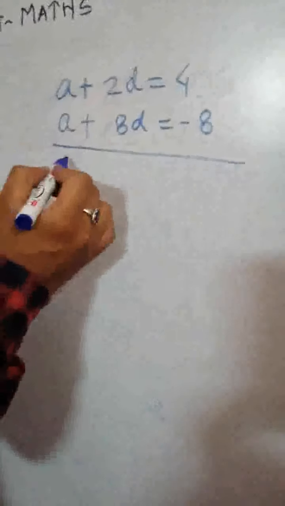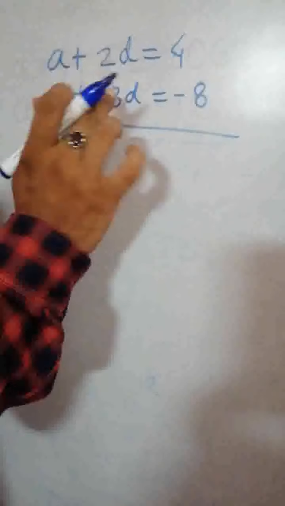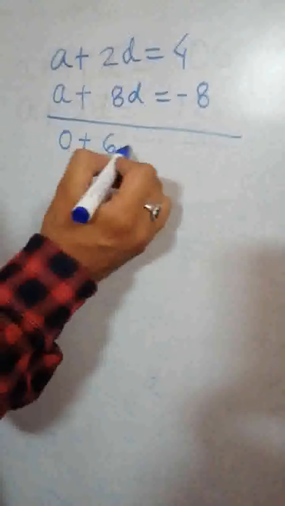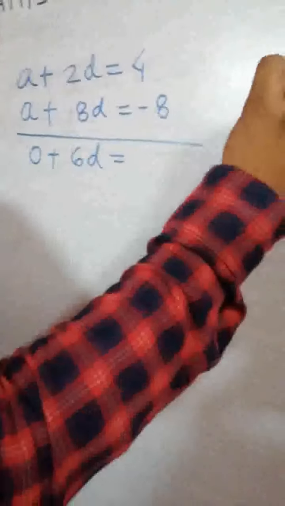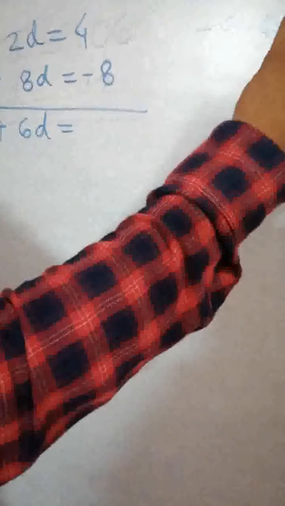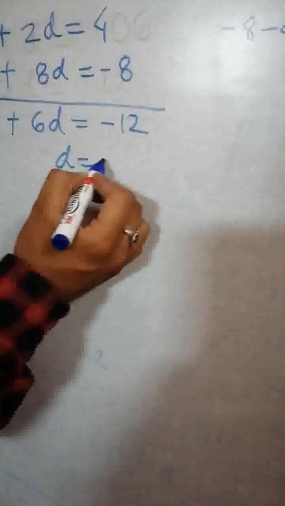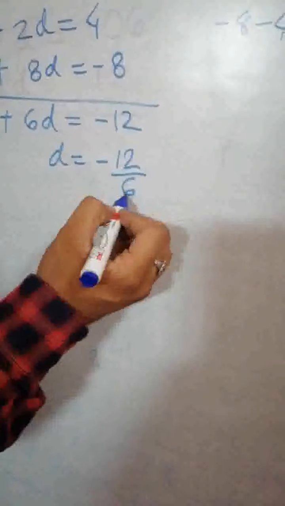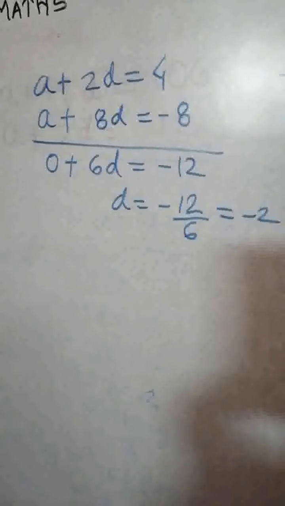On solving, a minus a is 0, 2d minus 8d will be minus 6d, and 4 minus minus 8 will be 12. So d equals minus 12 divided by 6, which is minus 2. So we got the value of d.